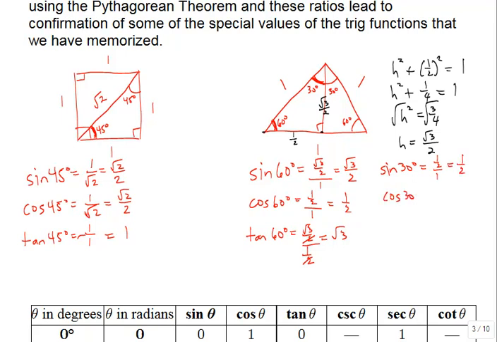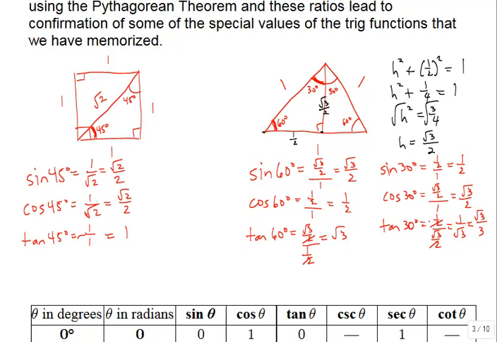Cosine of 30 degrees would be this adjacent side, root 3 over 2, divided by the hypotenuse 1, so still square root of 3 over 2, and tangent of 30 degrees would be the opposite side, which is this 1/2, divided by the adjacent side, which is this root 3 over 2. The 2's cancel, and we get 1 over root 3, and if you rationalize the denominator, that's the same as square root of 3 over 3.